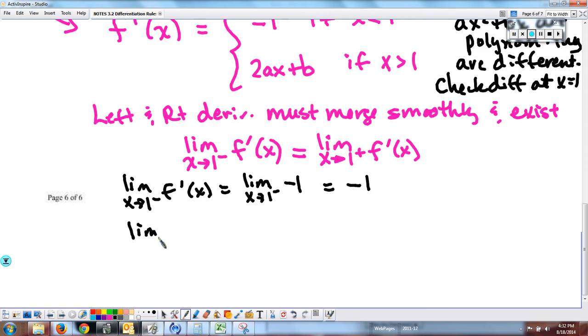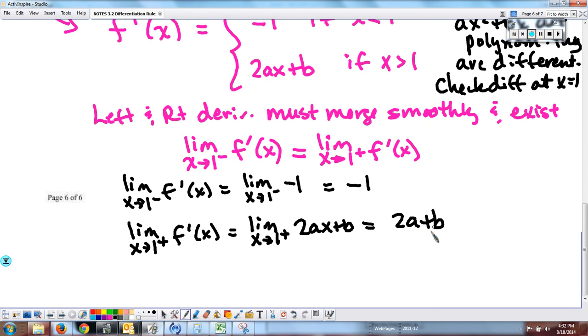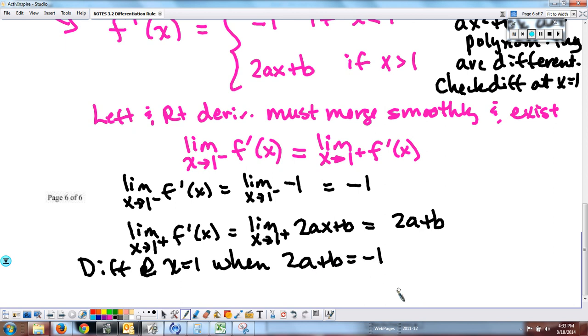The limit on the right of the derivative would be the right piece, 2ax plus b, which is a polynomial, so I can direct substitute, and I end up with 2a plus b. And so it would only be differentiable at x equal to 1 when 2a plus b equals negative 1.